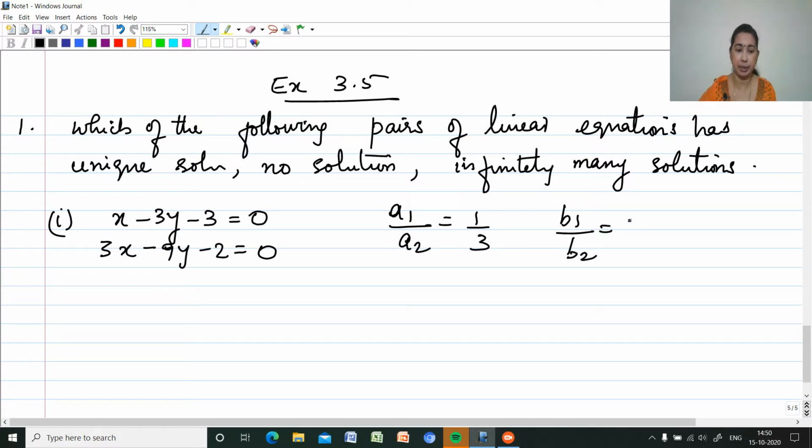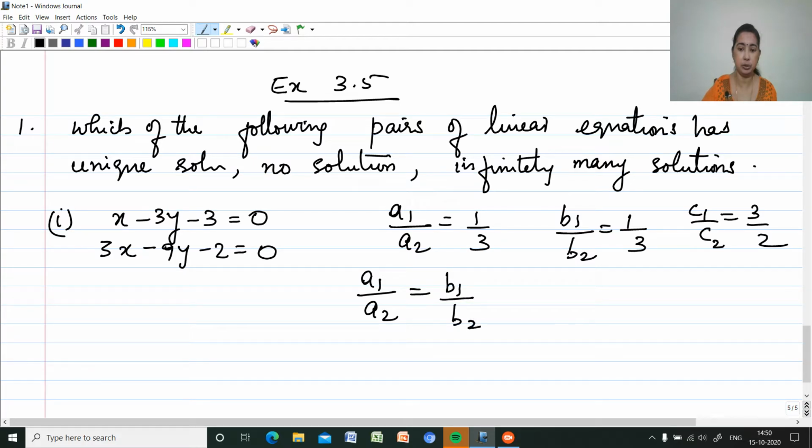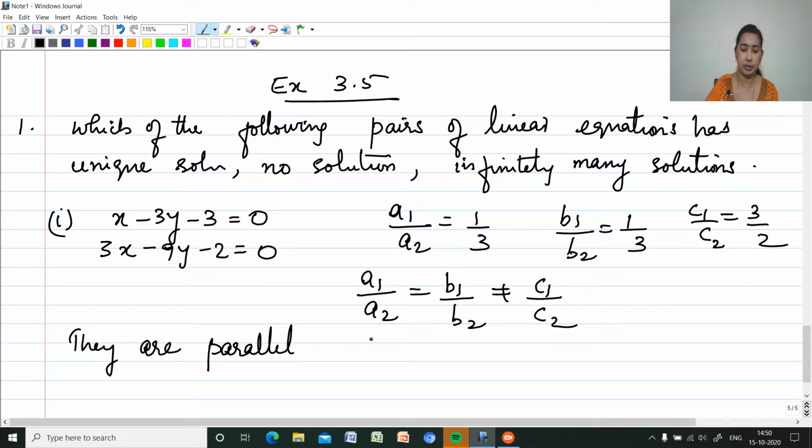That is minus 3 by minus 9, which is again 1 by 3. Whereas c1 by c2 is equal to 3 by 2. So a1 by a2 is equal to b1 by b2 is not equal to c1 by c2. Therefore they are parallel lines. For parallel lines there won't be any solution, so no solution.